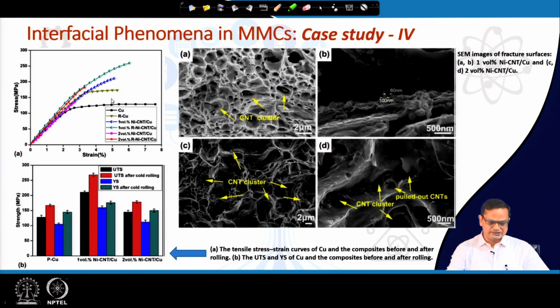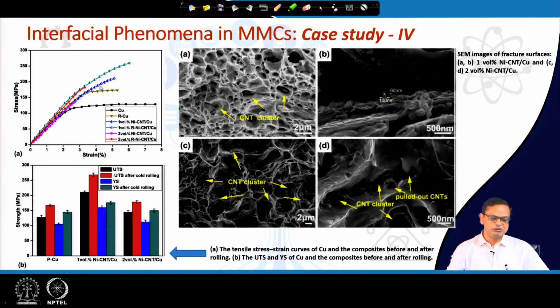Now, let us compare with 1 volume percent CNT copper. That means it is sintered, but not rolled. This is the blue line. Let us compare copper sintered with this one, which is copper with CNT.